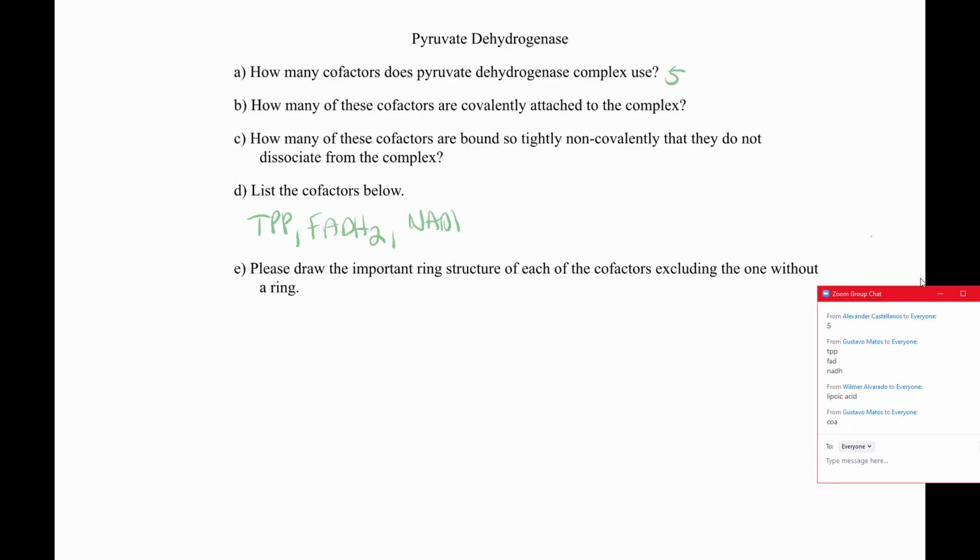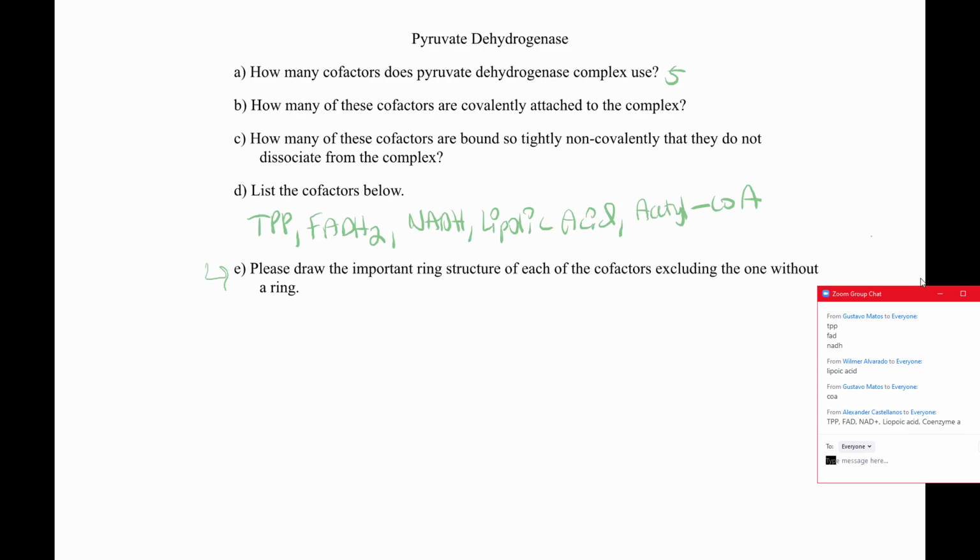NADH, lipoic acid, and acetyl-CoA. Exactly. Now, drawing them out is going to help you answer B and C. So again, if you need help drawing the cofactors, you can always go to the PowerPoint. They're all drawn over there.